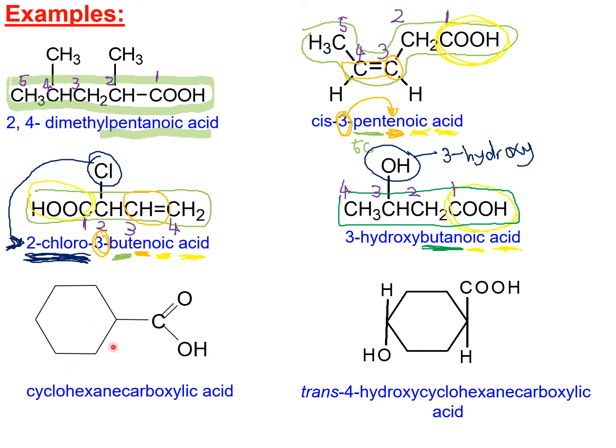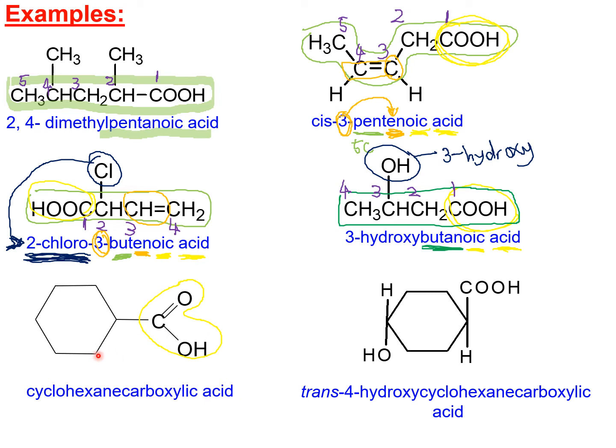Okay, kita nampak ada cyclic ring kat sini. And then, ada functional group C double bond OOH. Okay, macam mana ni kita nak namakan this thing? Okay, don't worry. You tahu kan nama ring ni adalah cyclohexane, betul tak? Lepas tu, you campurkan je dengan carboxylic acid, itu saja.